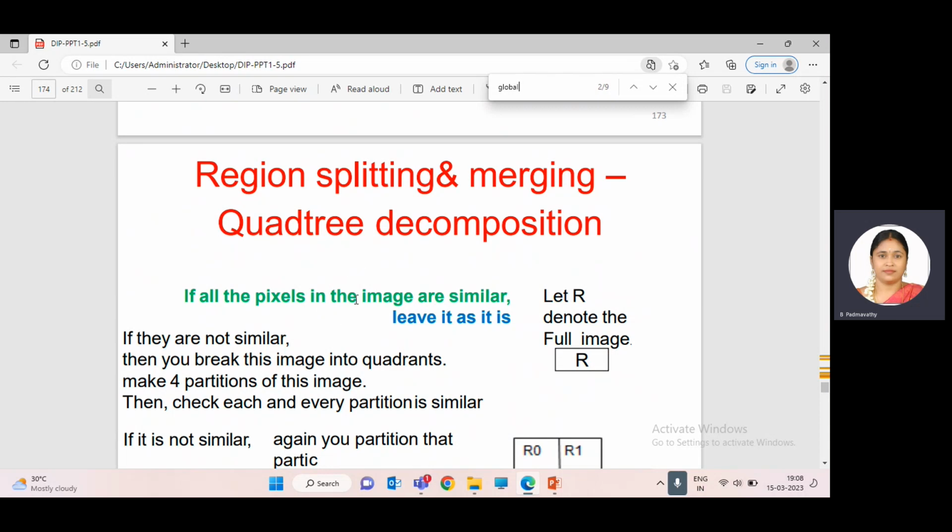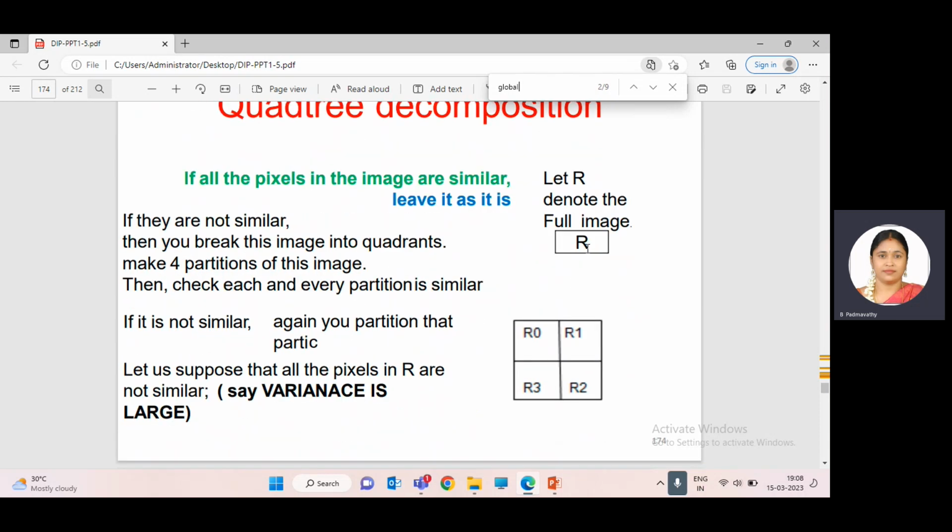And if you break the image into quadrants, that is 4 partitions, then it is called a quadtree, where R is your image and R is divided into 4: R0, R1, R2 and R3. And for your entire image, the variance is very large.